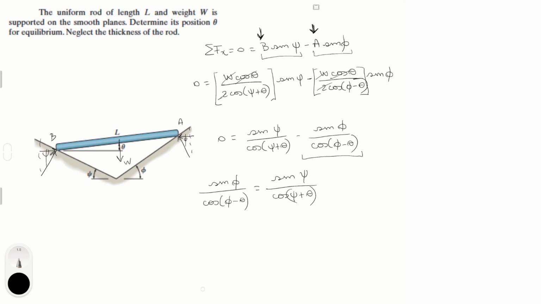And I'm going to multiply this by this, and I'm going to multiply this by this. That's what's happening next. I'm going to start a new page soon. Sine of phi times cosine of psi plus theta is equal to sine of psi cosine of phi minus theta.